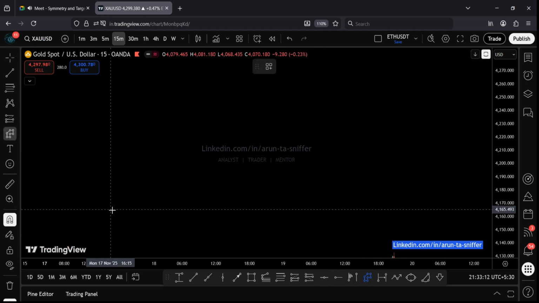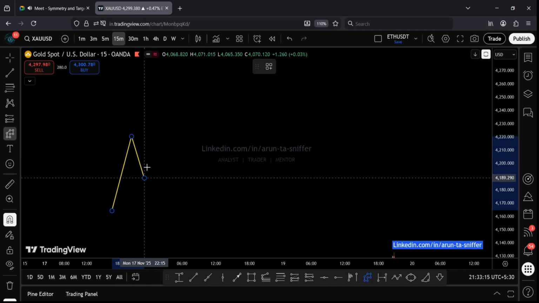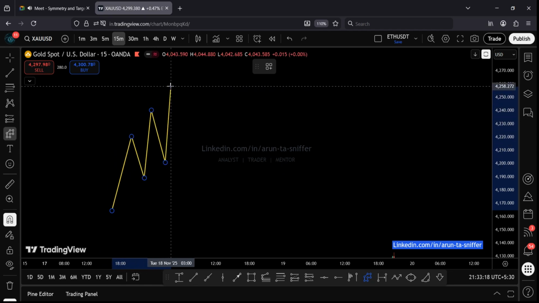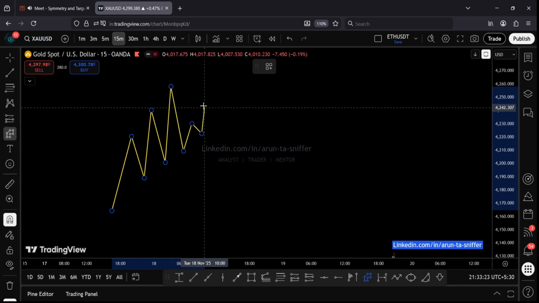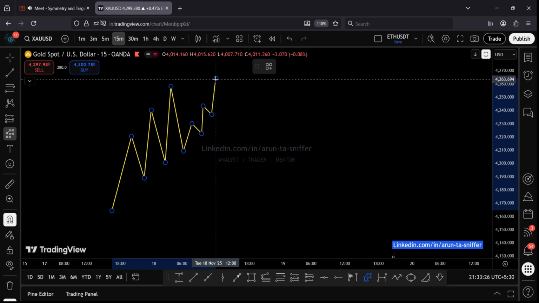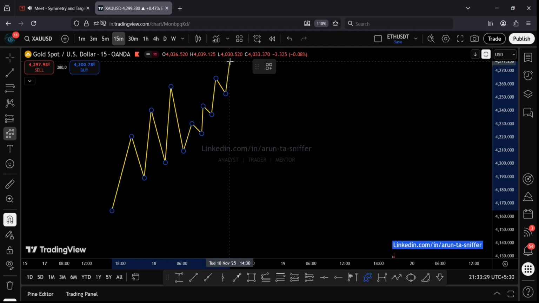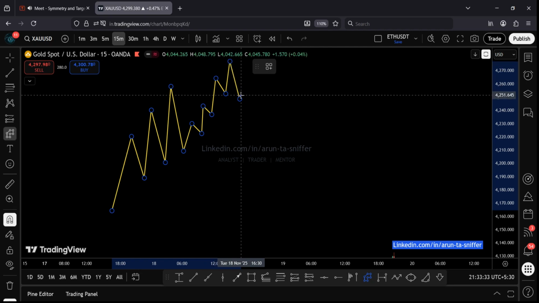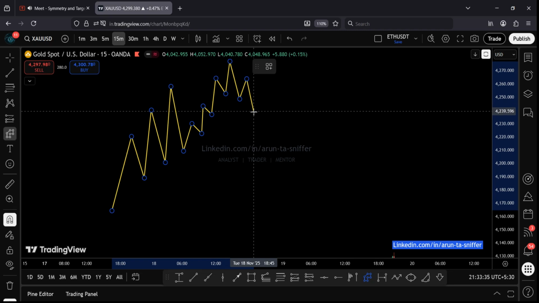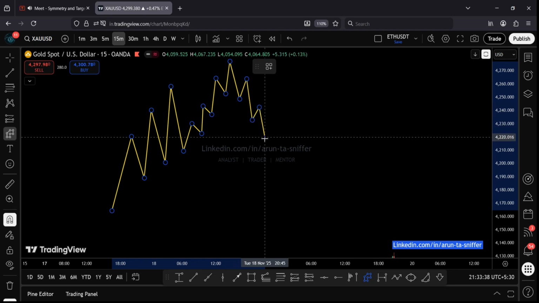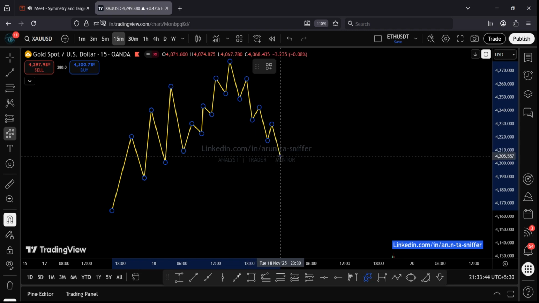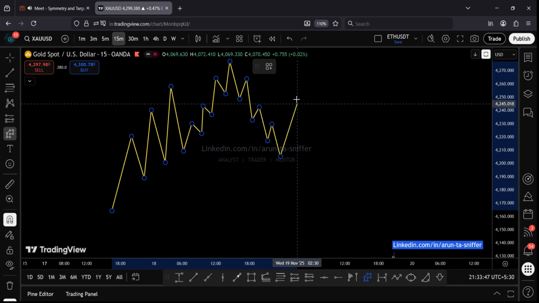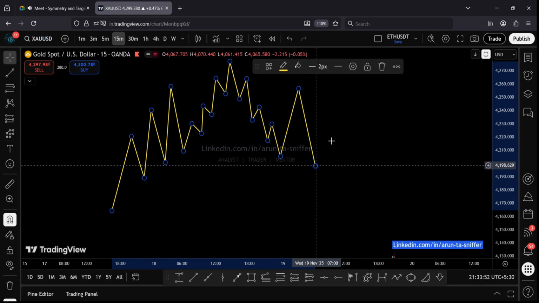Let me describe the difference here. In a scale, this will happen: price will come down, first cross this low, then go back to the LSK, come down, go back to this LSK, come down, take this low, go back to this LSK, then come down, and when this breaks this low, the scale will change and price goes back to this.